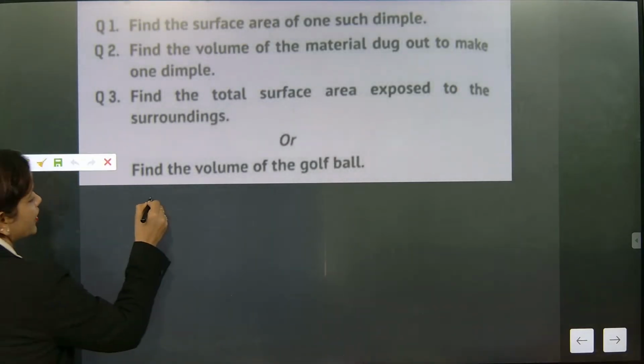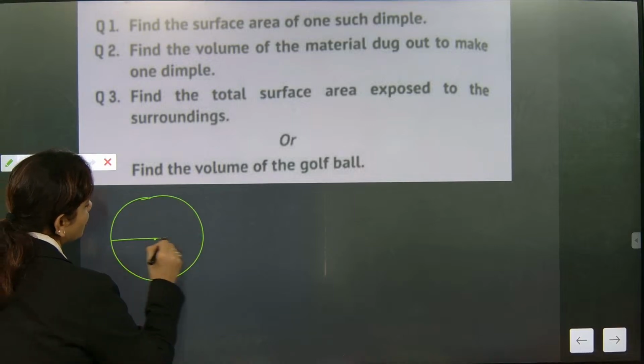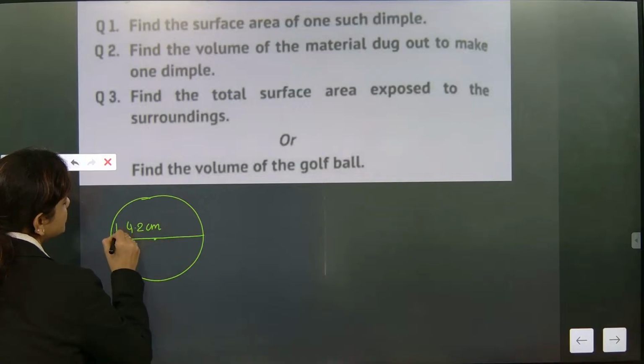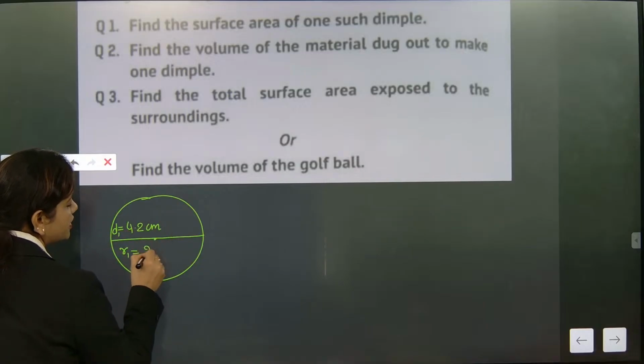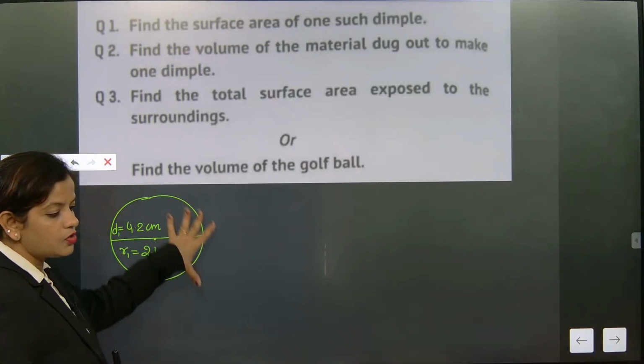So this is the sphere, beta. Now for this radius part, diameter is given as 4.2 centimeter. D1 will be there. So what will be the radius? Radius is 2.1 centimeter. Now beta, this part is exactly having what? Total surface area.